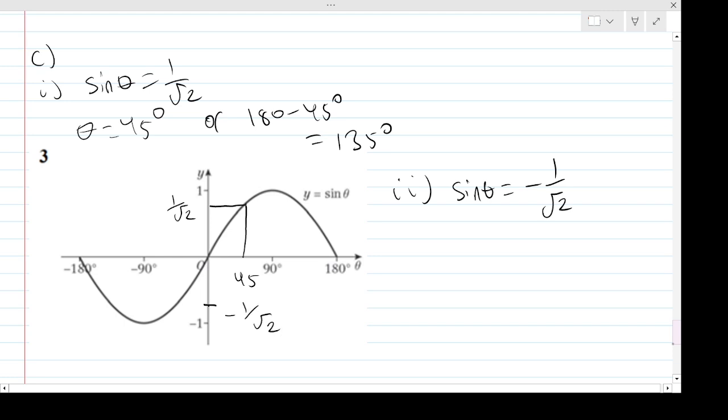If we read off the graph, if we extend that line, that line cuts the graph at these 2 points here. So these are the 2 solutions we're interested in. What angles, there and there, get us that sort of solution?